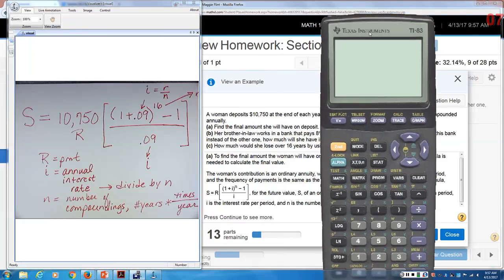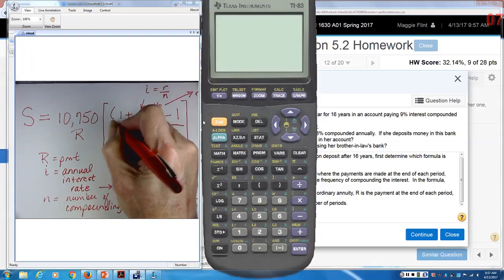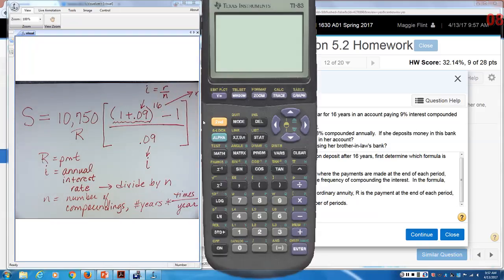So we'll get the calculator and come over here, and I'm going to show you how to, do not try to put that big whole mess in your calculator all at one time. Okay, don't do that. That's where the mistakes come in. What you want to do is you want to go inside your parentheses and do this as step 1. 1 plus 0.09.